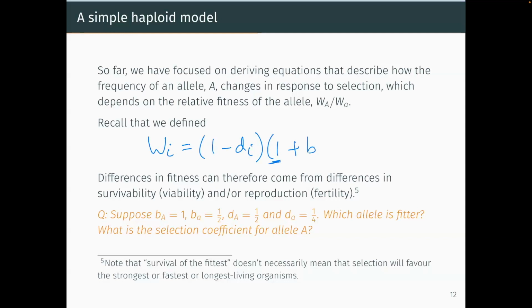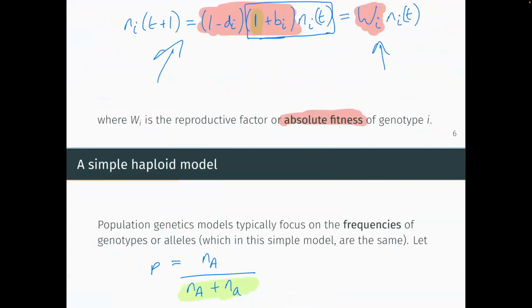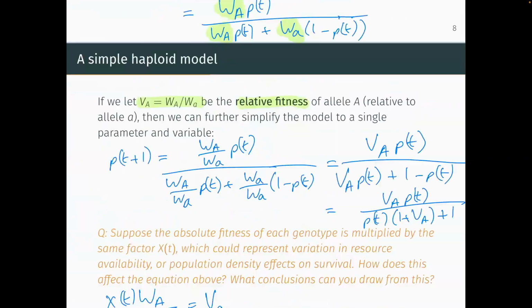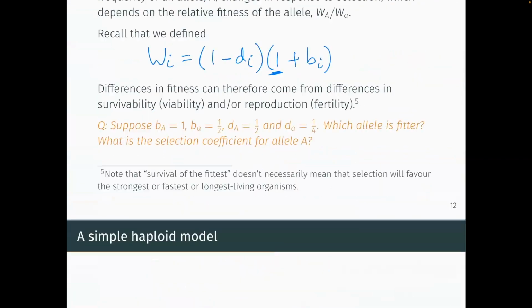So we have our individuals that survived, and the number of offspring produced by those individuals, our reproductive factor, from the last generation. So this equation here for W sub i, go all the way back to the beginning, is just what was highlighted in red here. That was from our original definition.